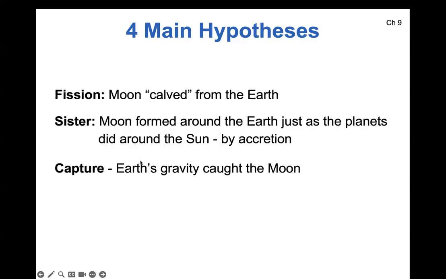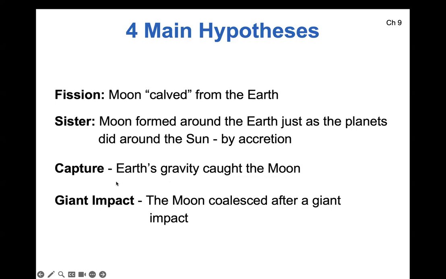Another hypothesis is that Earth caught the moon. We know of cases of captured moons. At least there are moons around other planets that highly suggest they are captured moons. So this is part of the justification for this being a hypothesis for our moon.